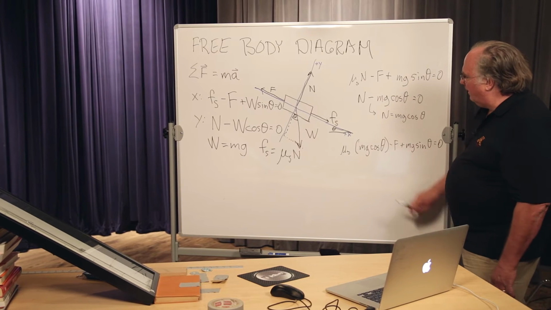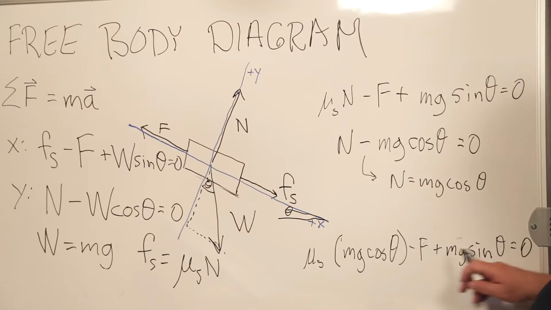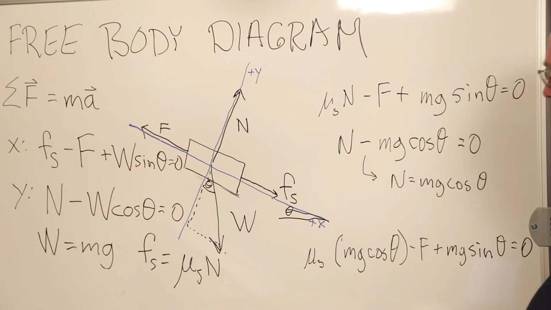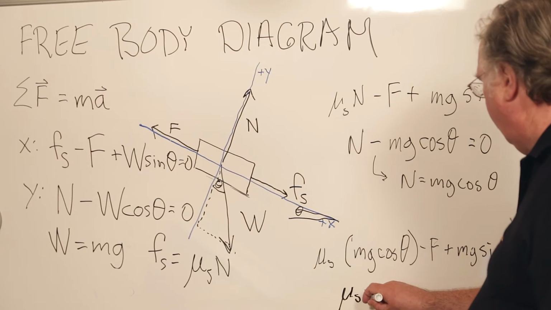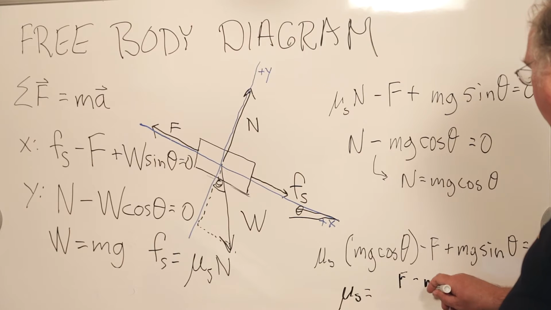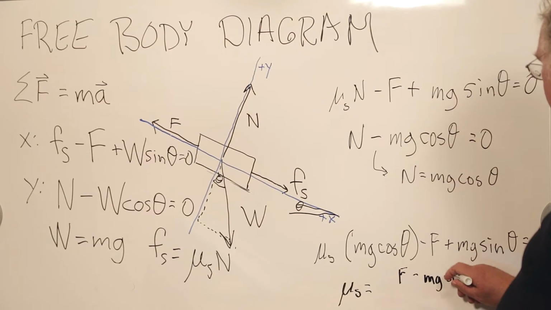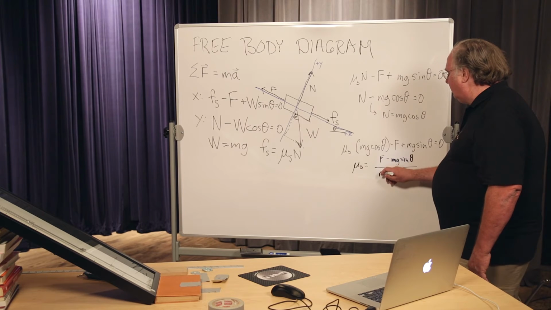I want mu s. I can move these things to the other side and divide by that one. And I will wind up with mu s equals F minus mg sine theta over mg cos theta.